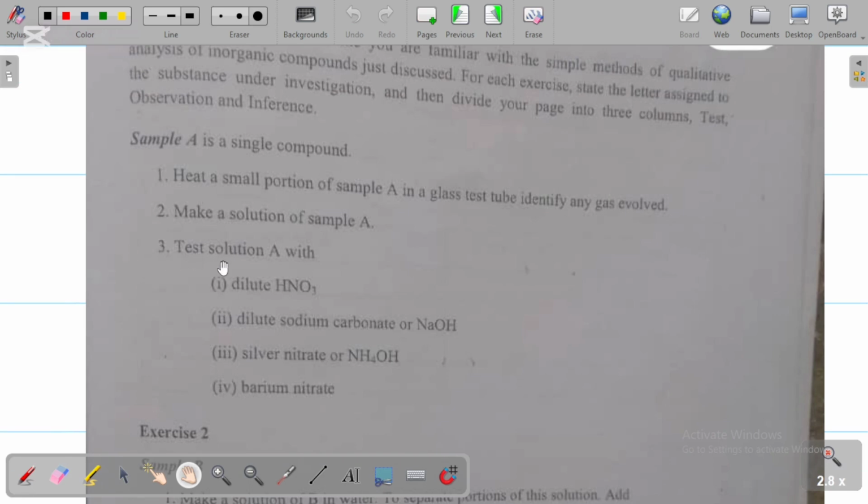So let's consider the next one. The next one here says test solution A with dilute nitric acid, HNO3.